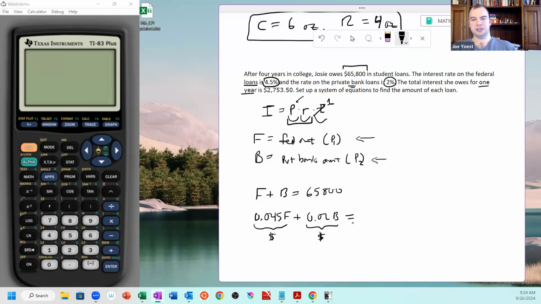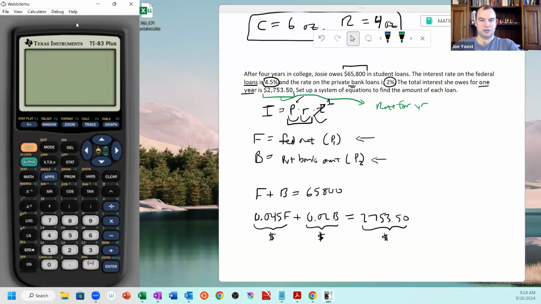Why am I harping on this so much? Well, because 2753.50 is also the number of dollars that we owe the combination of both of them. Could we have set this problem up differently? And could we have said, the interest rate for the year is, well, let's see what it would be. 2753.50 over 65,800 is 4.18%.